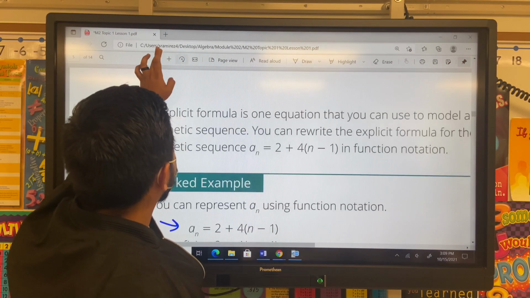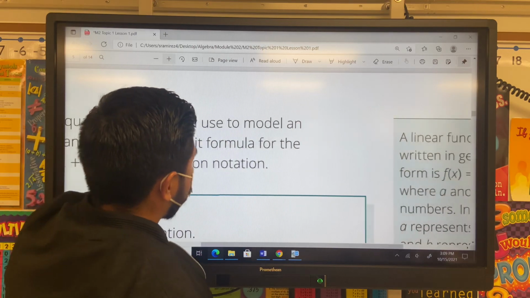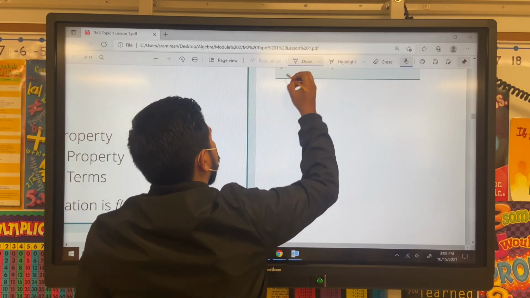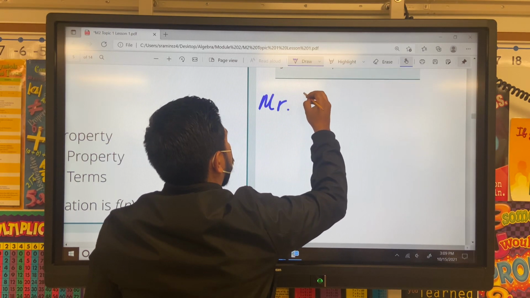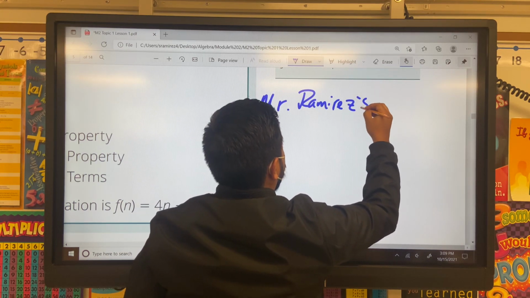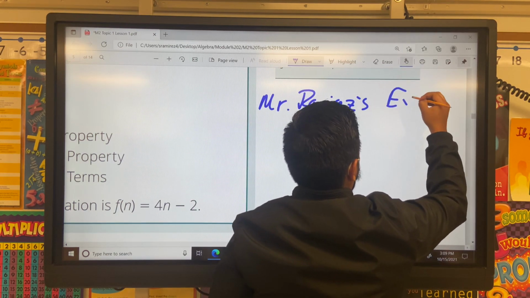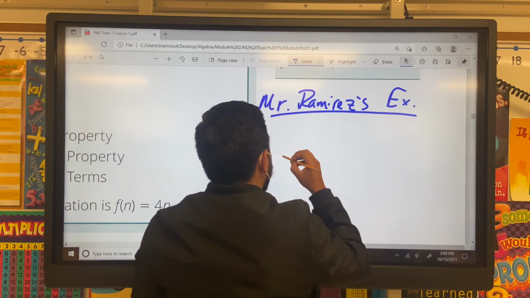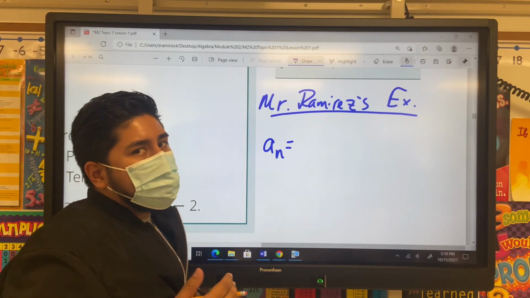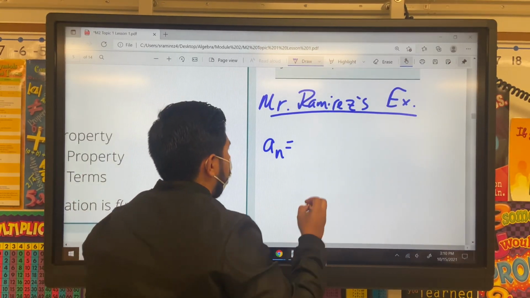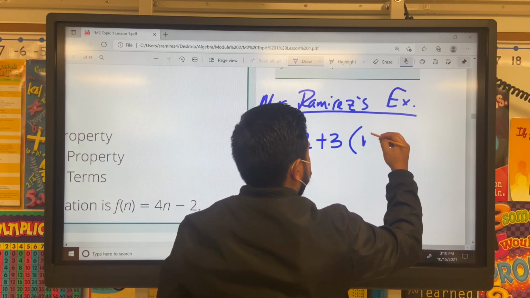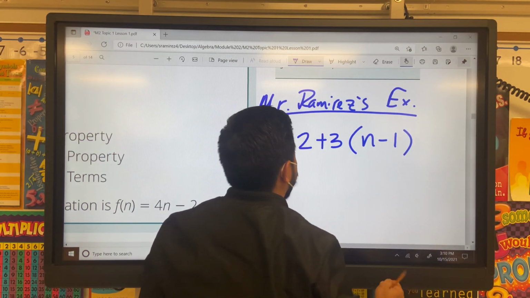Mr. Ramirez's exam. Using a different set of numbers. I love LeBron James, so I'm going to put 2 and 3. So 2 plus 3, parentheses, n minus 1.